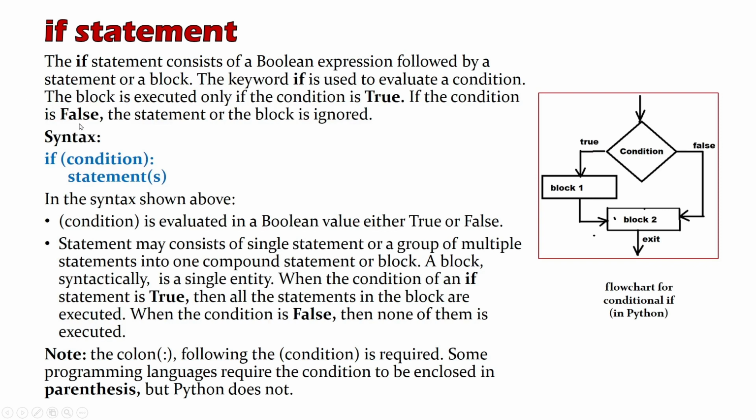If the condition is false, the statement or the block is ignored. The syntax of the if statement will be if and the condition. If this condition is true, then only this statement will be executed, else it will totally ignore it and move to the next line of the program.